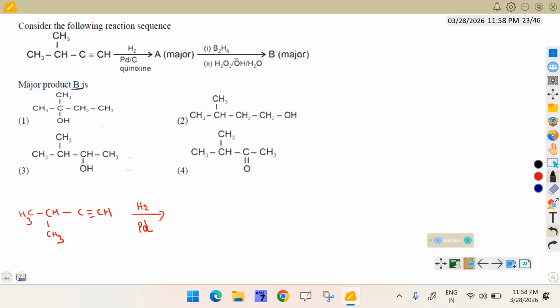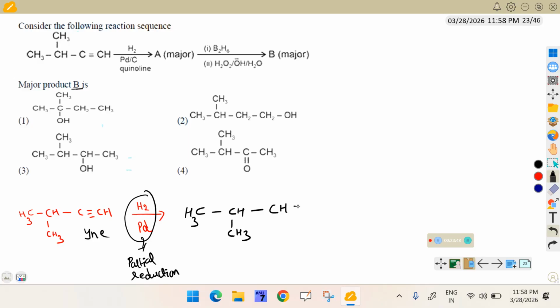Identify B. H2 with palladium: partial reduction takes place. Alkynes undergo partial reduction. Then it gives alkene, CH3CH=CH2.